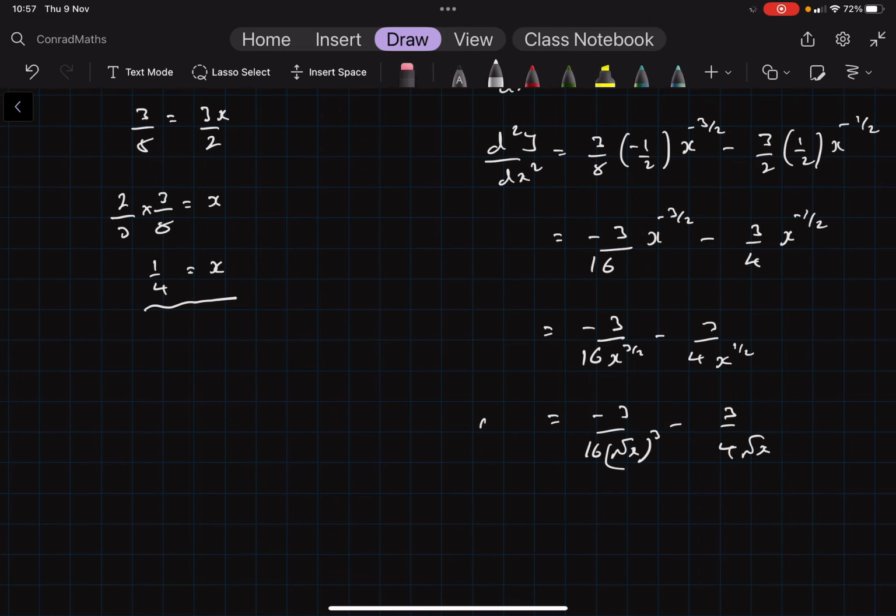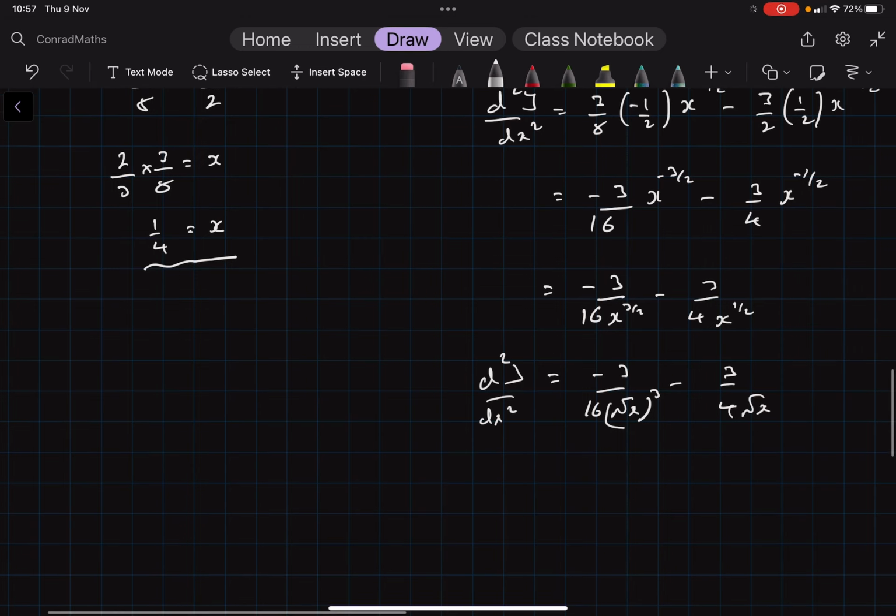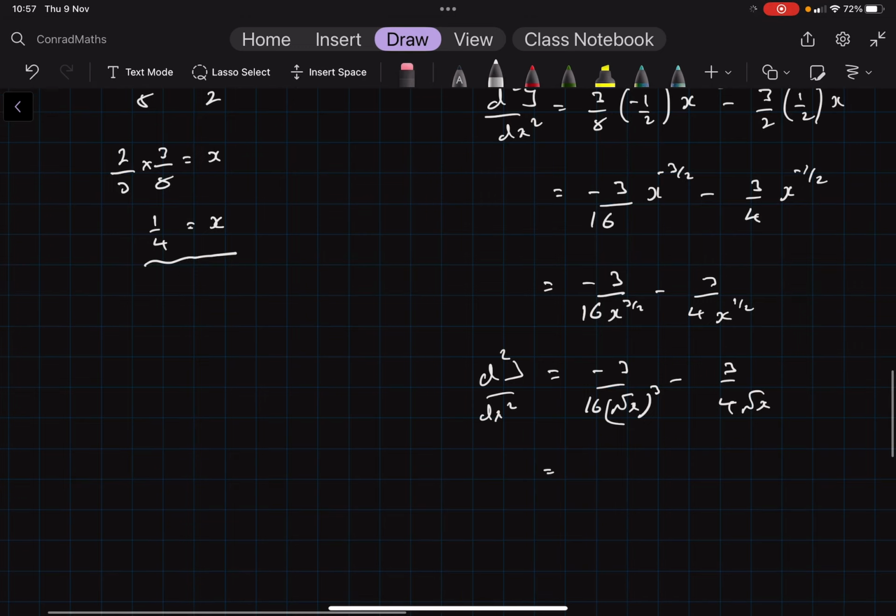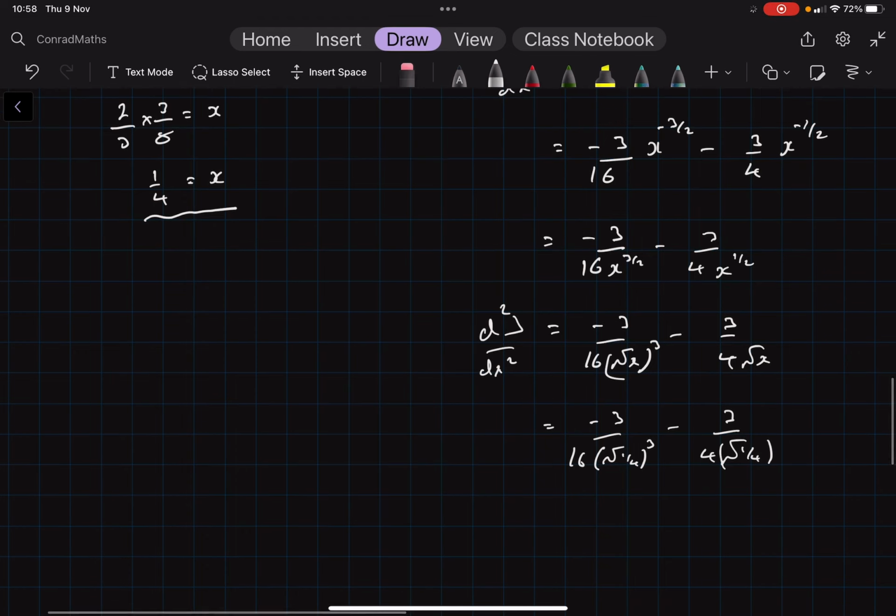Okay, now we're going to find the value of the second derivative when we put in x equals 1/4, and we're only concerned whether it's negative or positive actually. So negative 3/16 the square root of 1/4 cubed minus 3/4 square root of 1/4. Now the square root of 1/4 is a half.